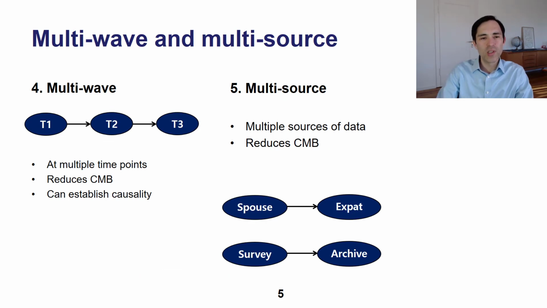Now, coming to multi-wave and multi-source. Multi-wave, as you can see, we have different time points. T1 stands for time 1, T2 is time 2, and T3 means time point 3. So we measure certain variables over multiple time points.